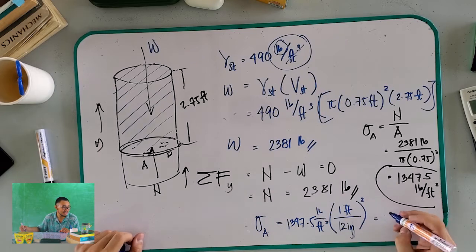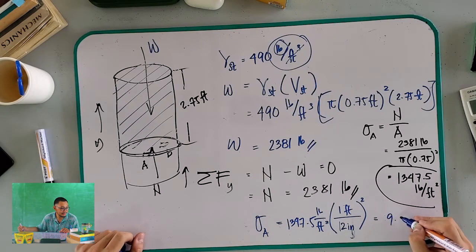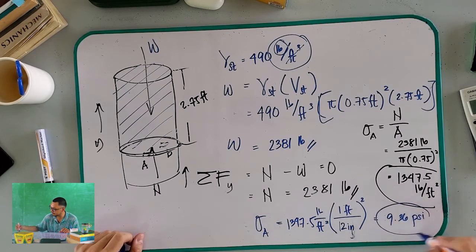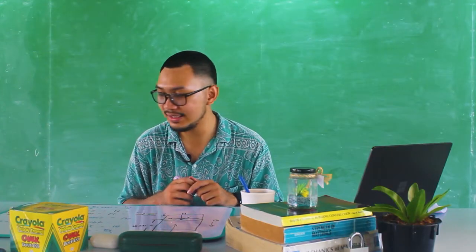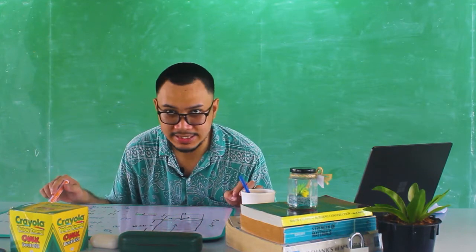And we will get the answer of 9.36 pounds per square inch. And that is the answer for sigma A.